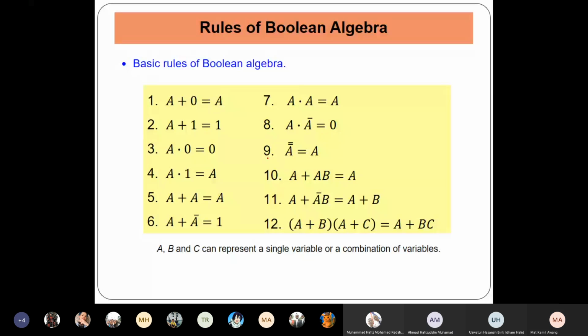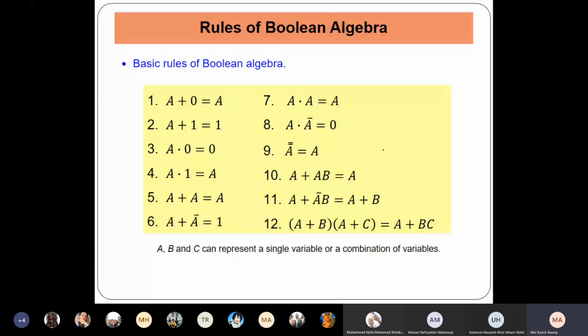Number 9, A double bar is equal to A. Let's say A is 0, bar becomes 1, 1 bar becomes 0. So basically with a double bar you get back the original value.